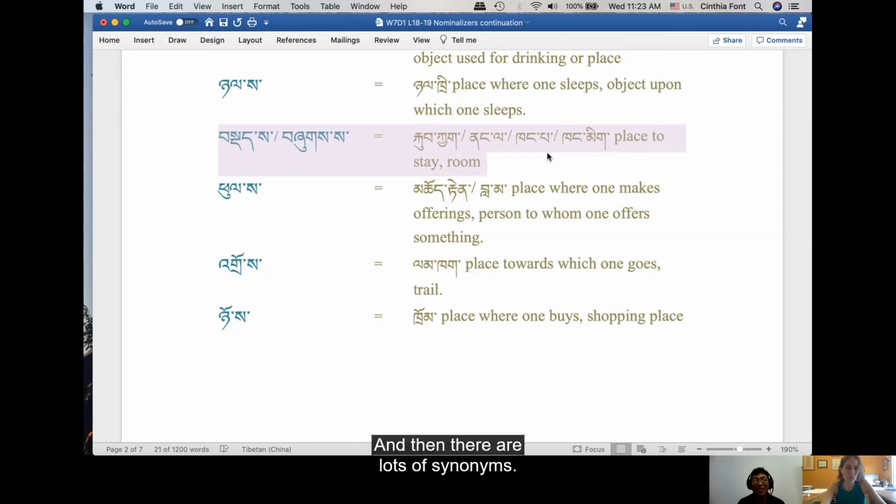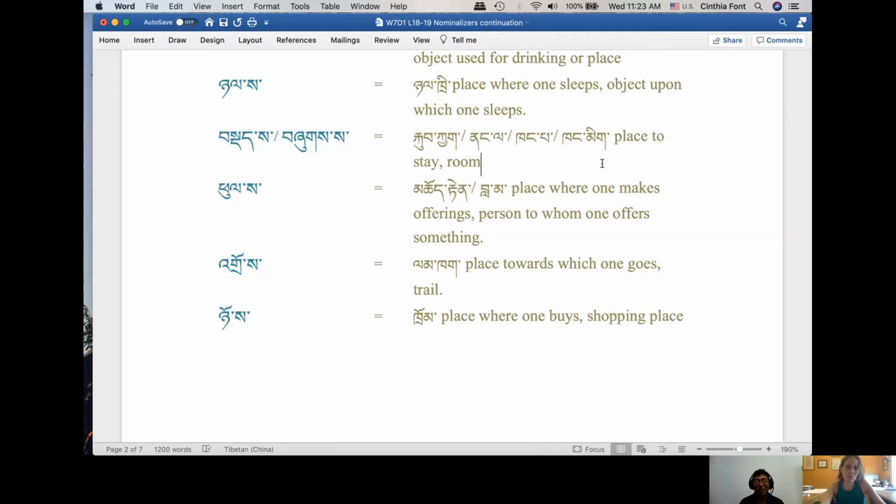And then there are lots of synonyms: kupja, chair; nang, home; kangba, house; kangmik, rooms. And then it could also be drongkang, guest house, similar to nyesa. So there can be lots of other meanings too.